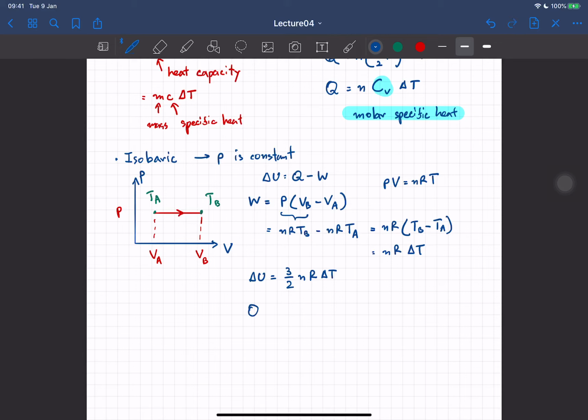So Q, using this equation, is delta U plus W. Now you see the motivation of rewriting W in terms of the change in temperature, because now I can add them together. Delta U is 3/2 nR delta T plus W, which is nR delta T. Together I have 5/2 nR delta T.